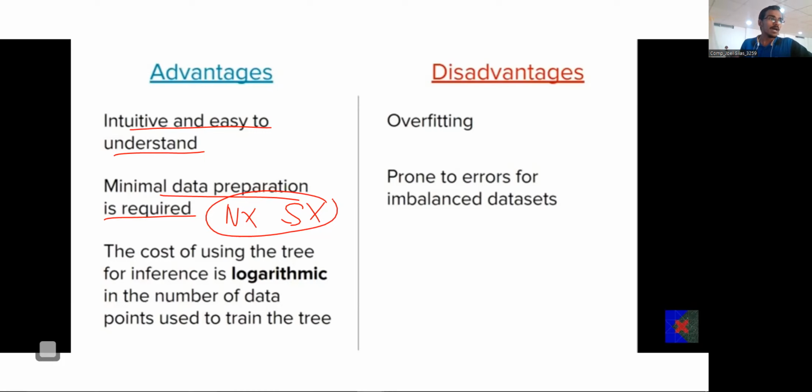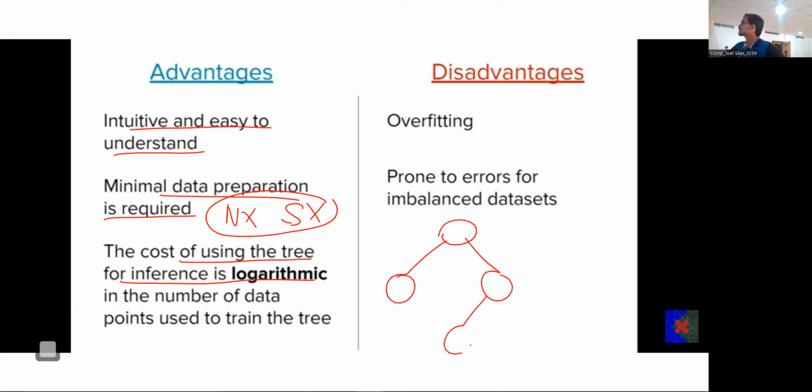And then the cost of using this algorithm is logarithmic, because whenever we have a tree-like structure, in order to search in the tree, the time complexity to search any particular value or any particular condition in the tree is log of n, where n is the total number of nodes.